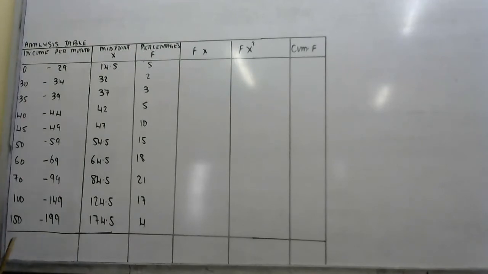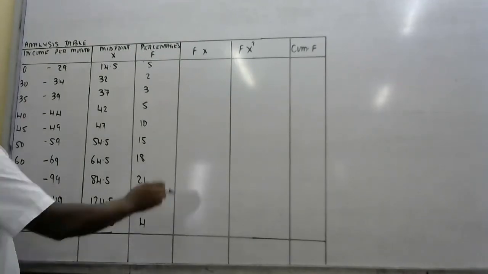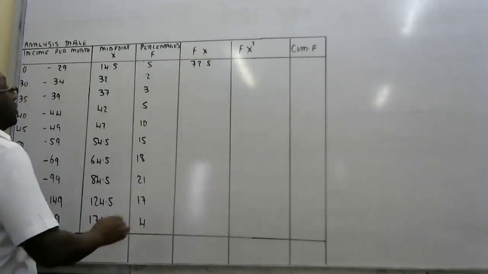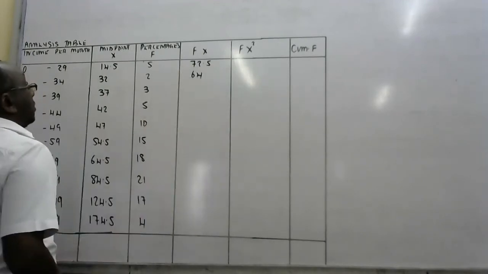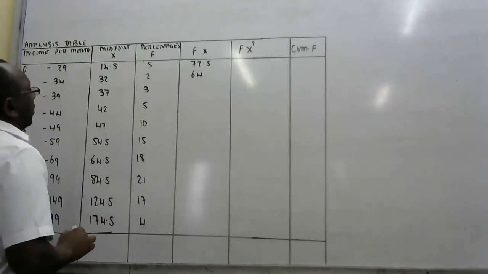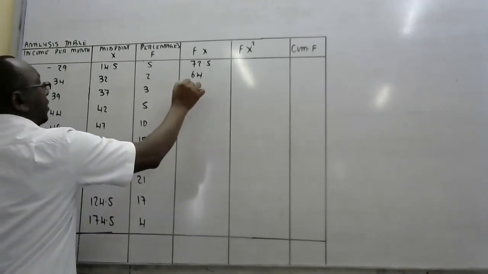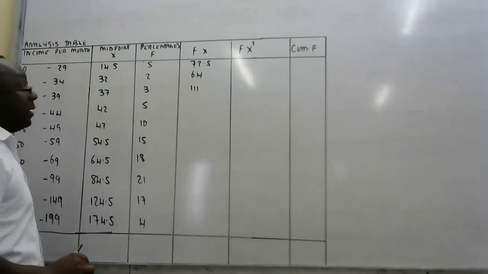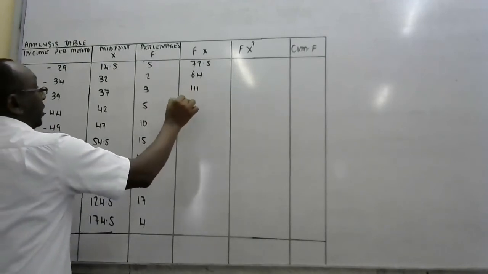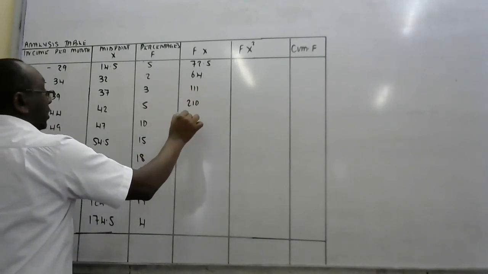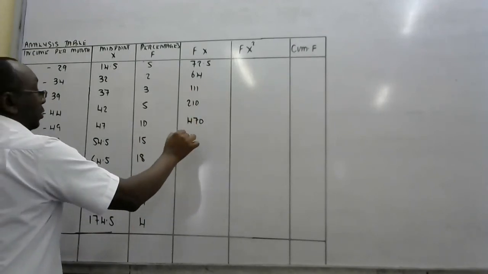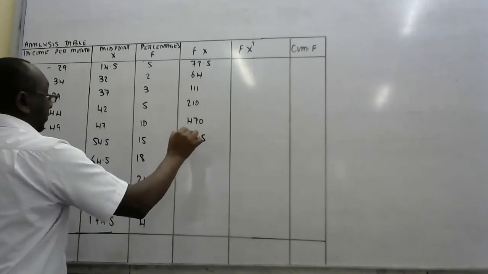14.5 times 5. 72.5. The next 64. 370. Tafika. 111. Then 210. 470. 817 points 5.